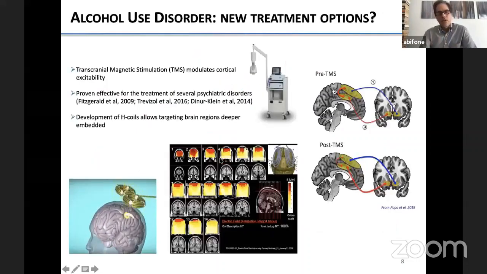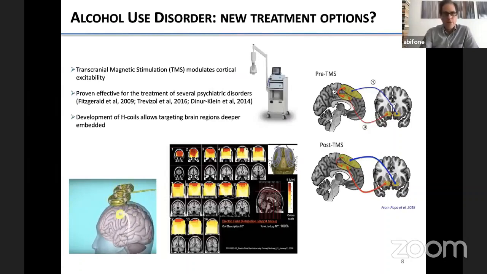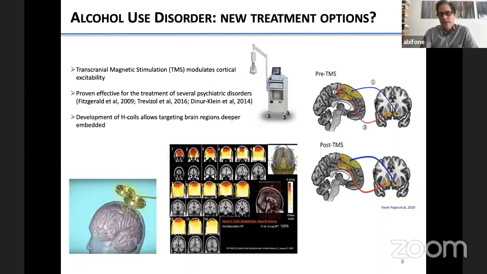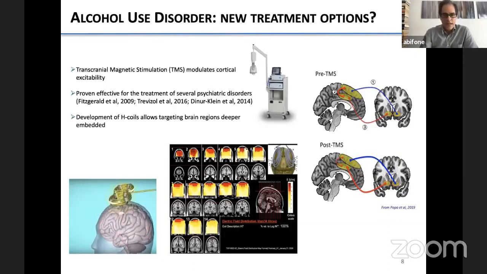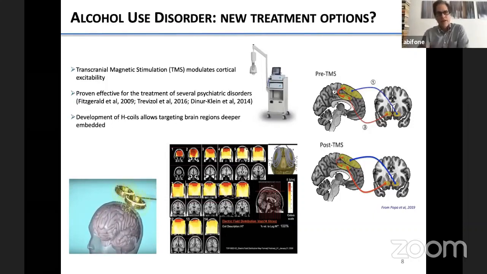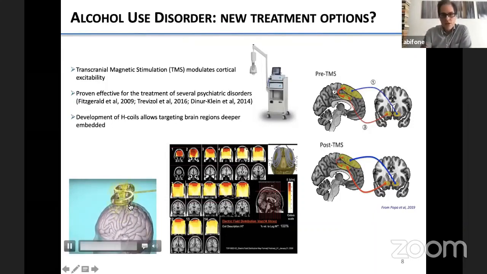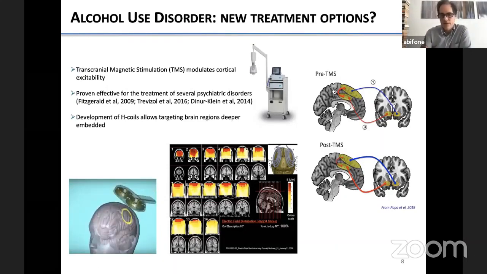This technique is called transcranial magnetic stimulation. It is a non-invasive technique that uses Faraday's law, basically, to stimulate or to inhibit the electrical activity of neurons in some specific brain area.